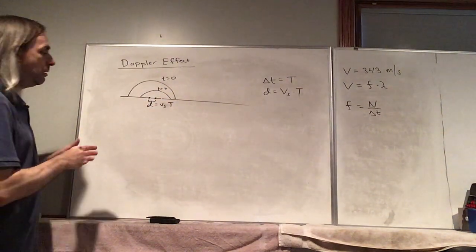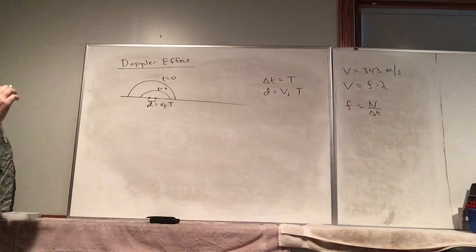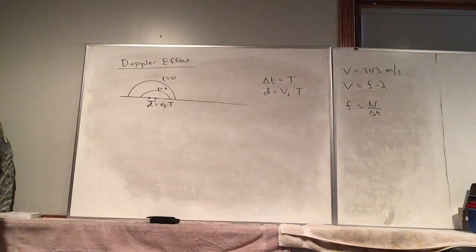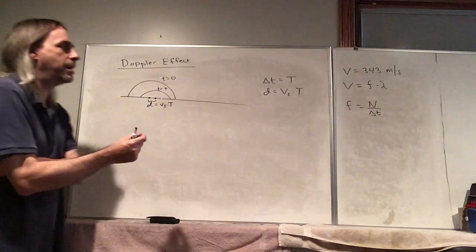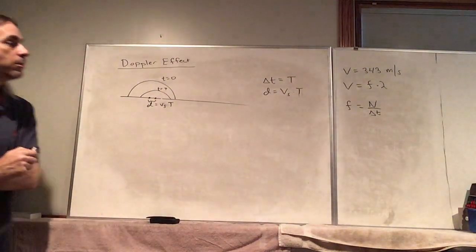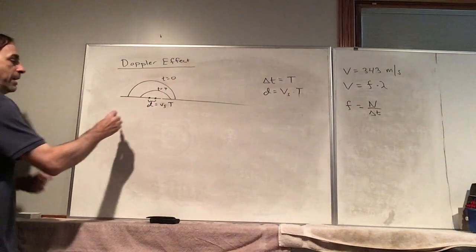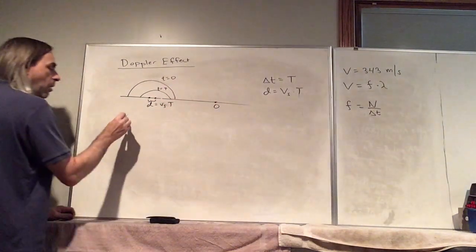Now, let's say lambda is the wavelength that a stationary observer would see, or I'm sorry, what a stationary observer would see if the source was also stationary. And let's say lambda prime is what the observer over here is actually going to observe.